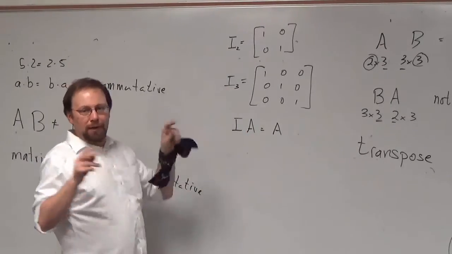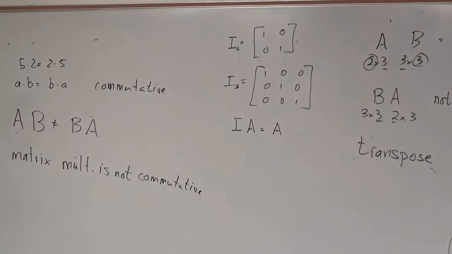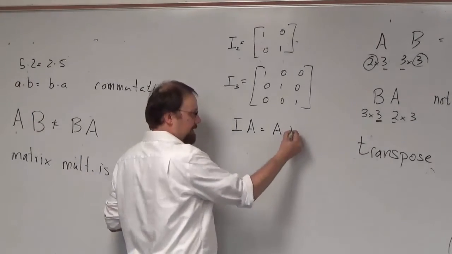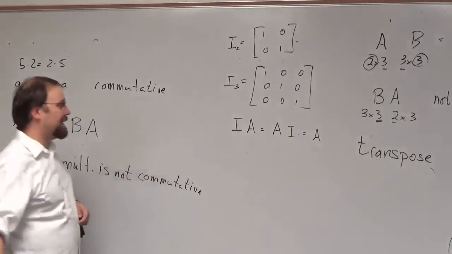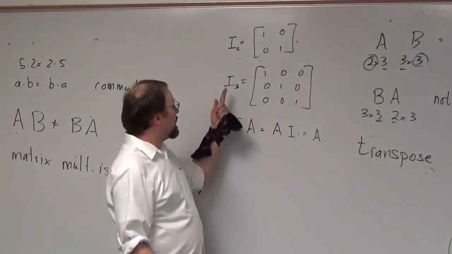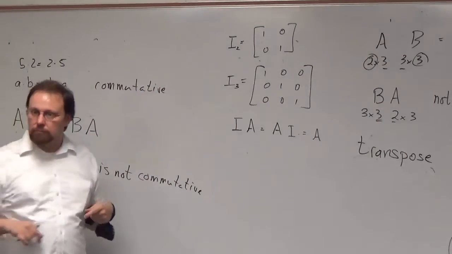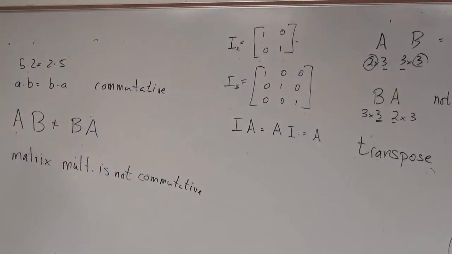It's the matrix 1 for multiplication of matrices. And likewise, A times I is still A. So the identity has this special property. An identity matrix is an example of a matrix that commutes with every other square matrix. So there are some matrices that will commute with every other matrix.